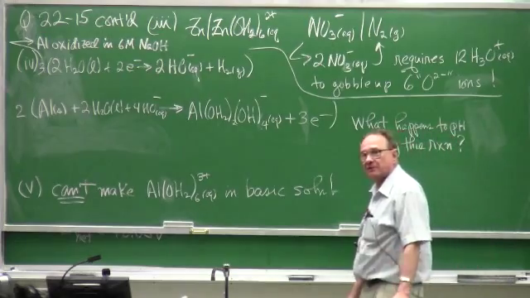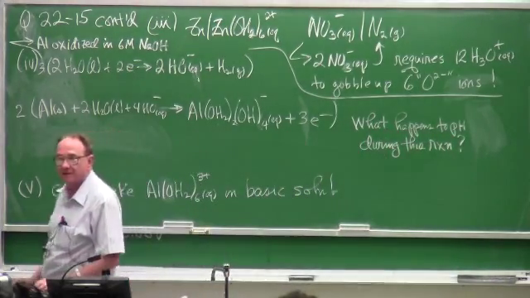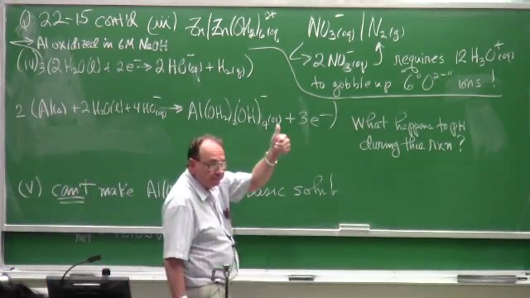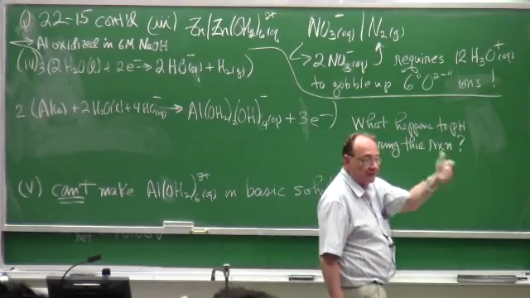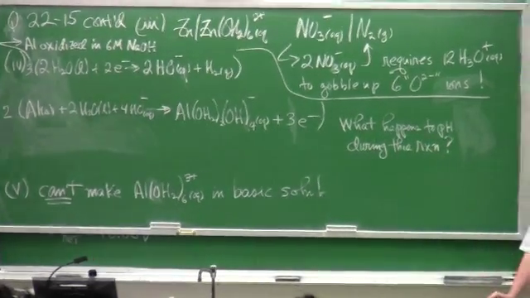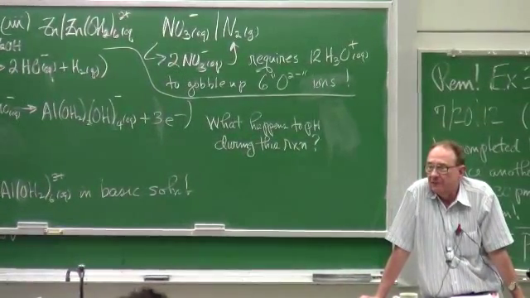What happens to pH as this redox reaction runs? Does the pH stay the same? Does the pH go up? Does the pH go down? Now you can do this by brute force.